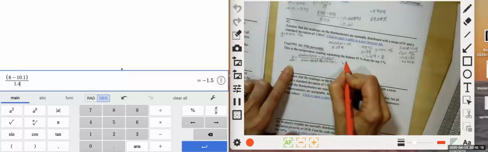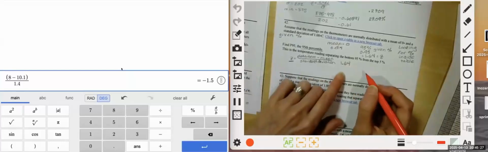This is this number now. So now we have 1.64, and we're looking for our data item. Are you solving for X?